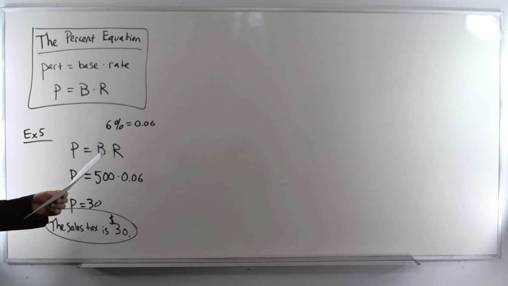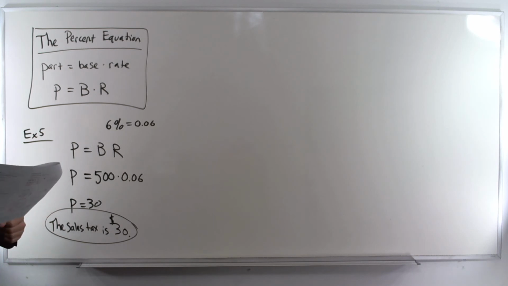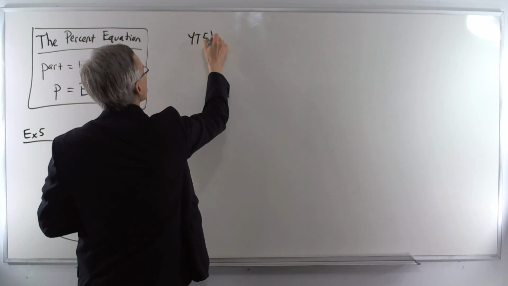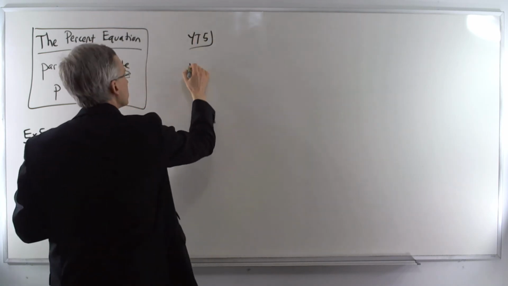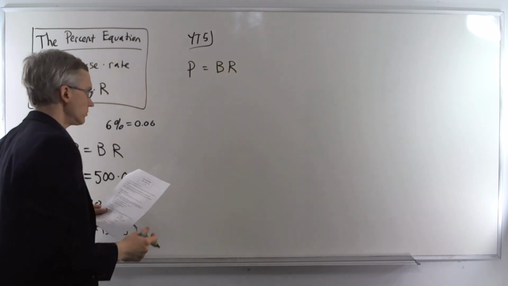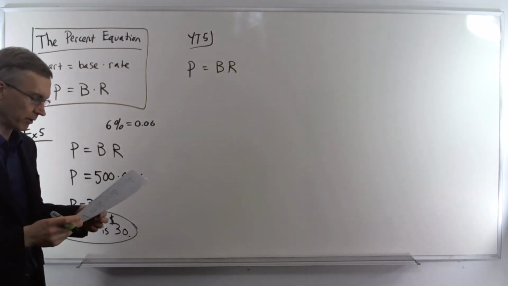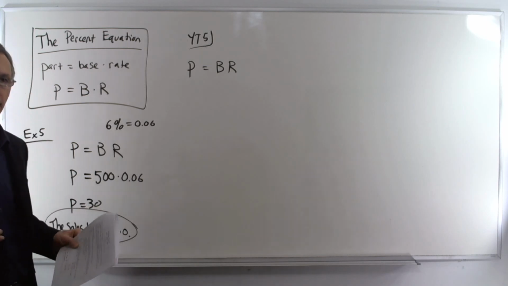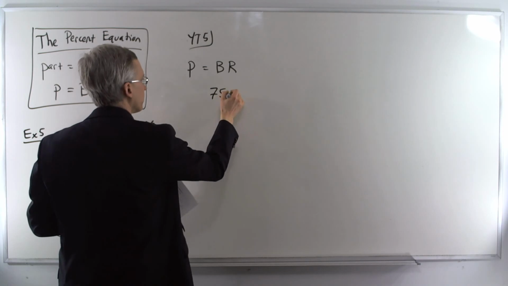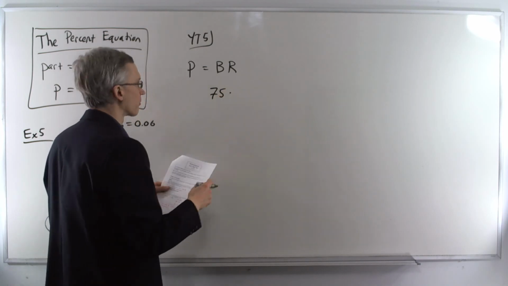A player in the Detroit Pistons made 24% of the three-point attempts during the season. If the player attempted 75 three-pointers in the season, how many were made? The total number of attempts is 75. So that's the base. That's the total amount. So that goes in for B. And the player made 24%.